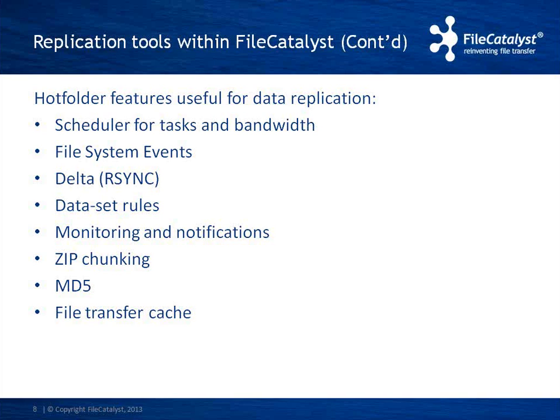This is a feature that we call delta, but it's similar to rsync, where if I already transferred a file and there's a newer version of the file, I will only be sending the difference, the delta of the file. So let's say I have a 1 gig file and I changed 50 megs in that file, the delta will be roughly 50 megs, instead of resending the full file again.